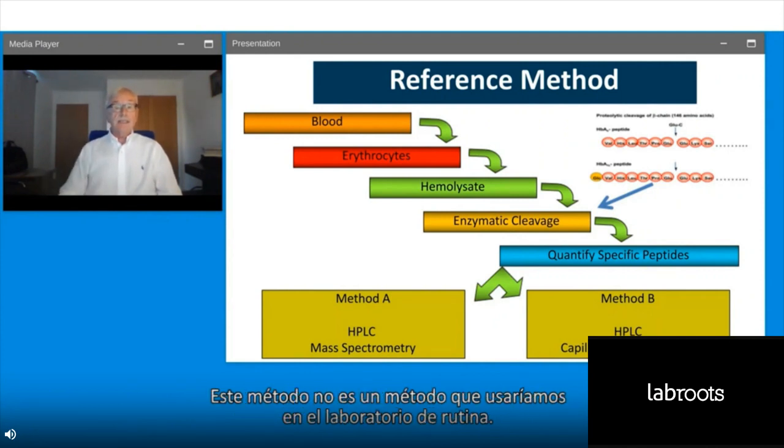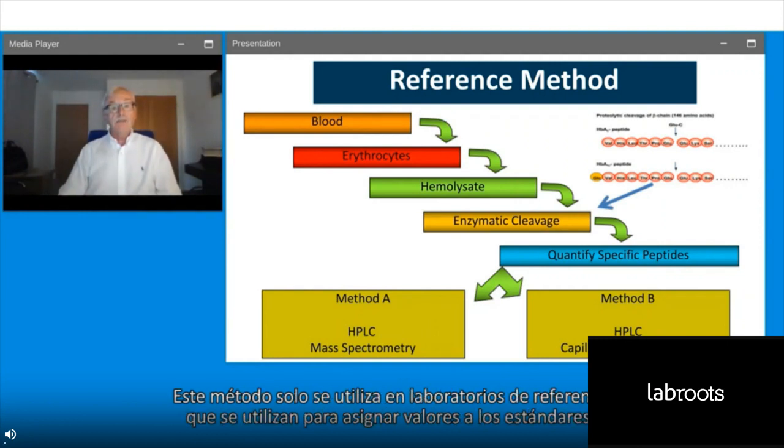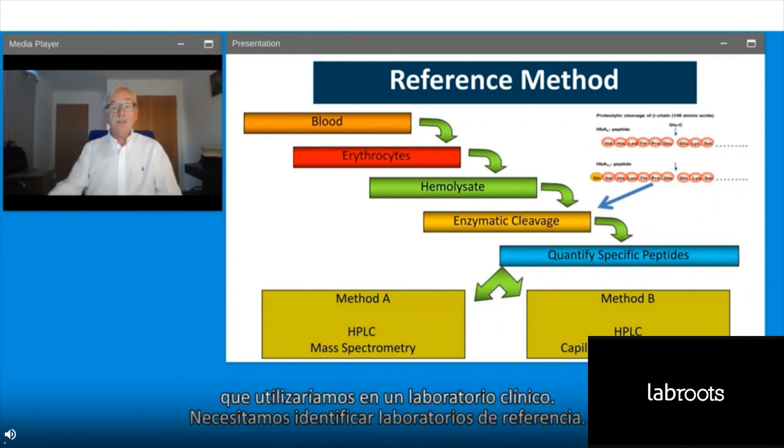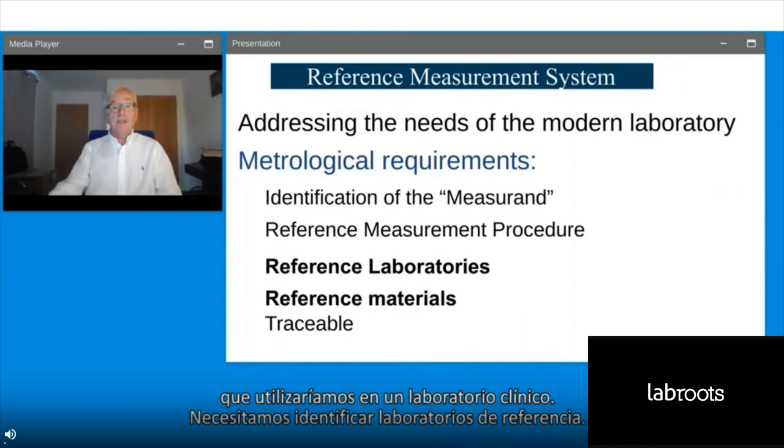This method is not a method we would use in the routine laboratory. This method is only used in reference laboratories that are used to assign values to standards which we would use in a clinical laboratory. We need to identify reference laboratories.